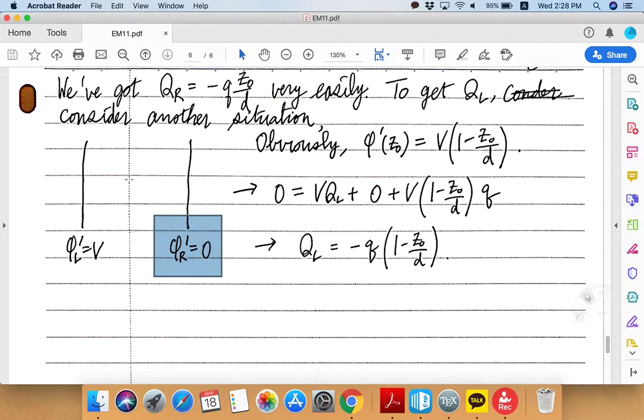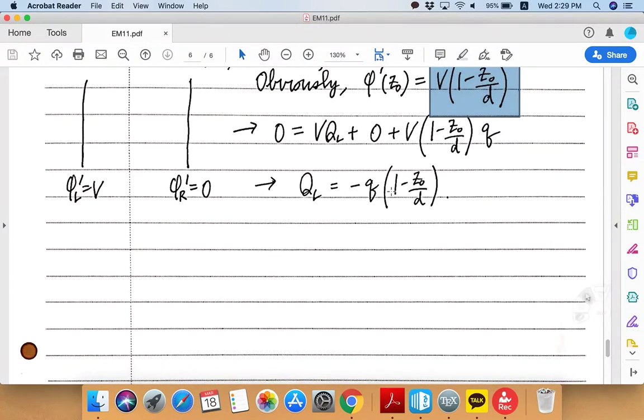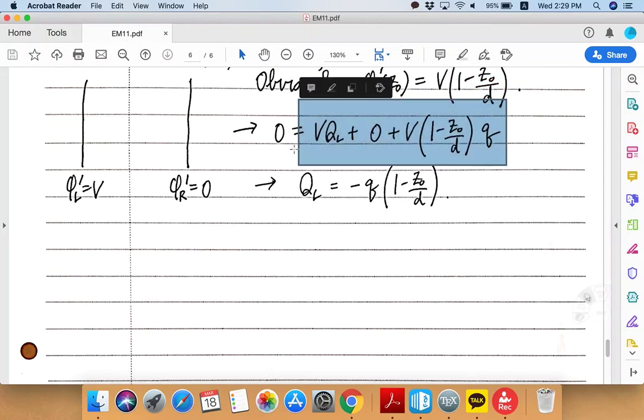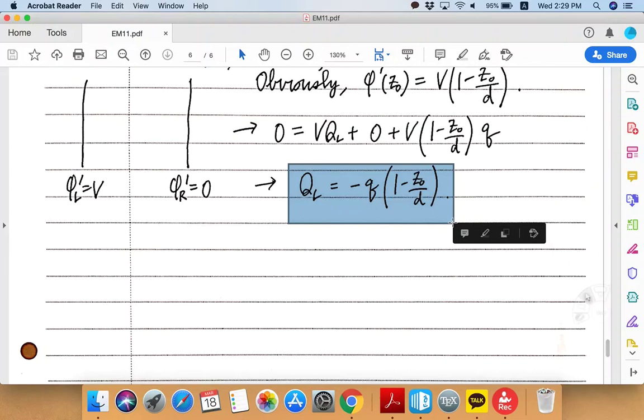Now in this case, the hypothetical potential at location Z0 is obviously given by this function, and therefore our Green's reciprocity relation will read like this, and therefore the induced charge QL will be like this. Okay?